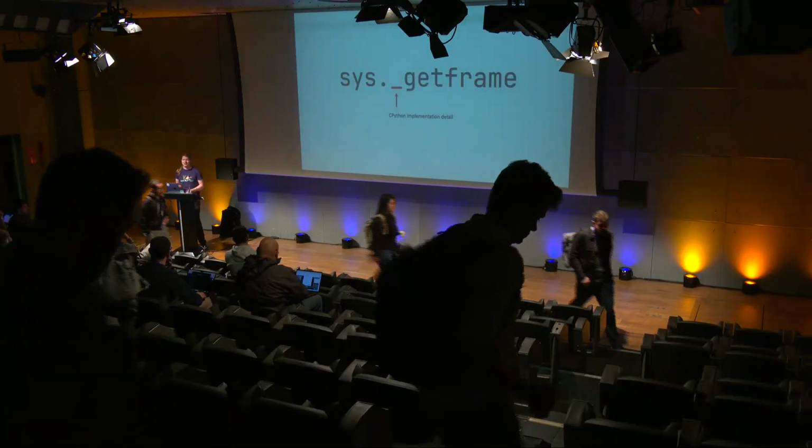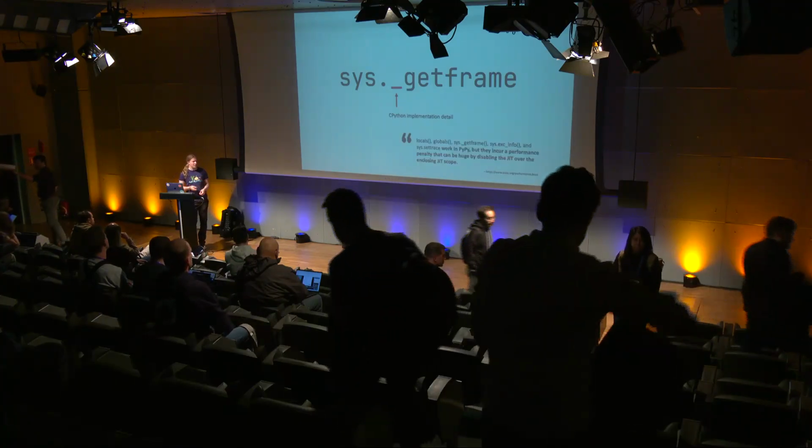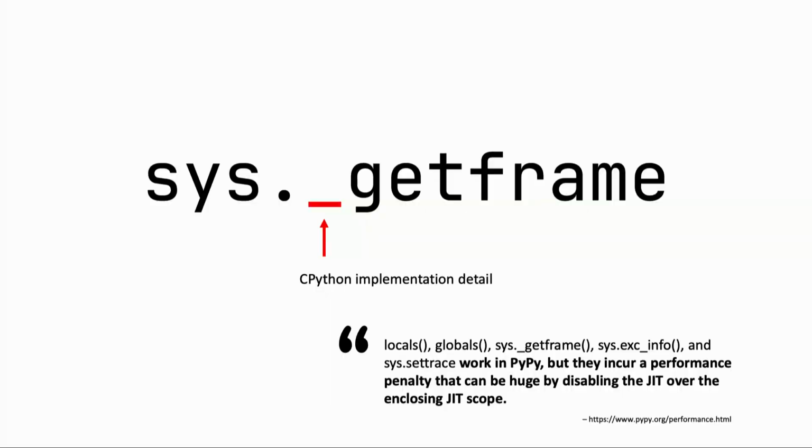So if PyPy, for example, would decide, "Oh, we don't implement it because it's implementation specific," then all people would be like, "Now how do we debug?" So the PyPy people decided we still want to have these, because PyPy is fast, but debugging PyPy would be nice.